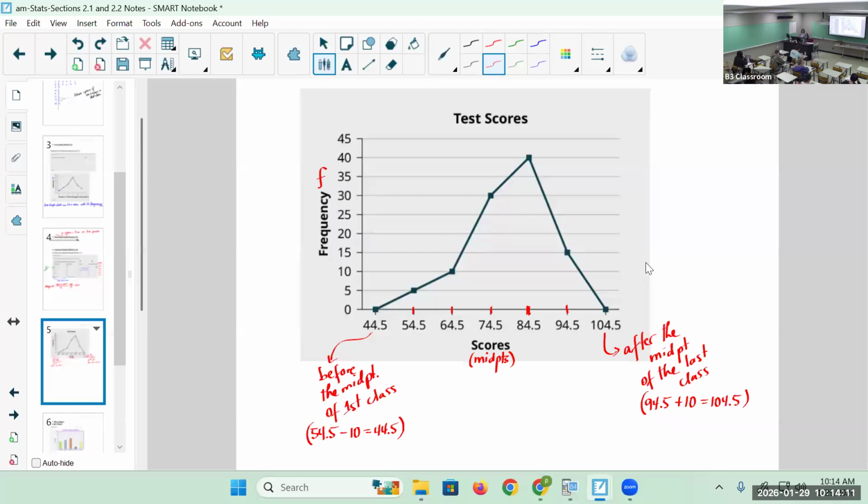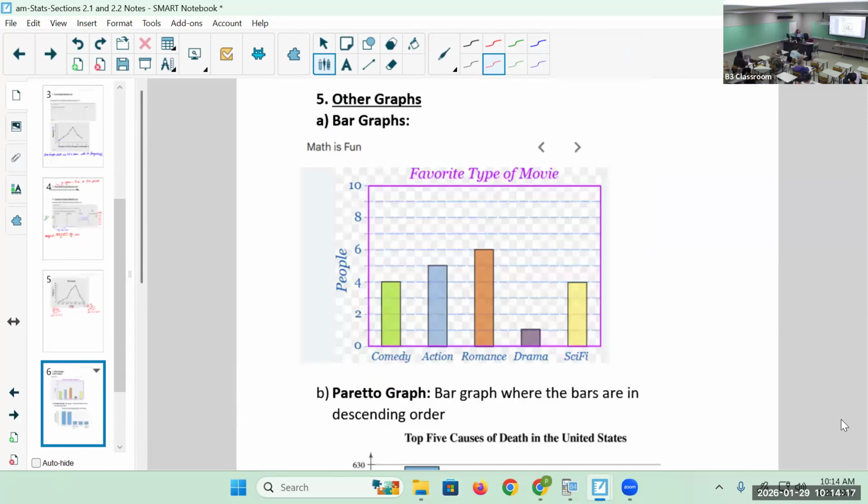Okay, the next two, we're not constructing them, but I want you to know what they are. So what you have learned maybe in other courses and in the past is bar graphs. What you see in a lot of presentations that talk about like opinion surveys, they're usually bar graphs.